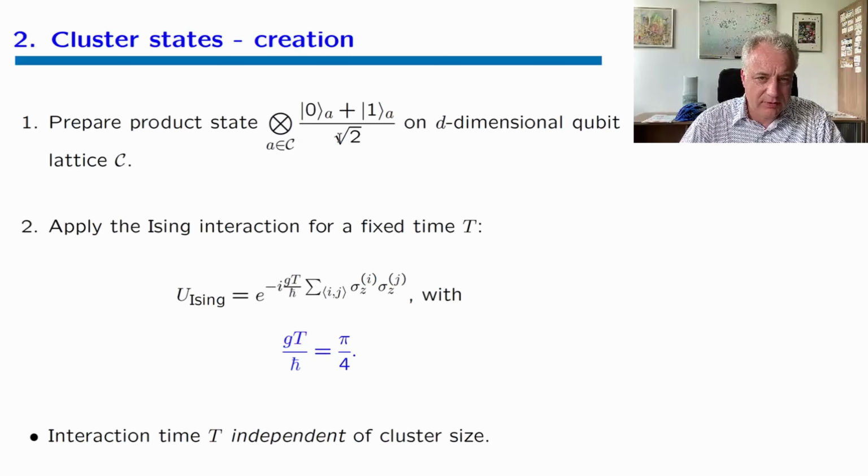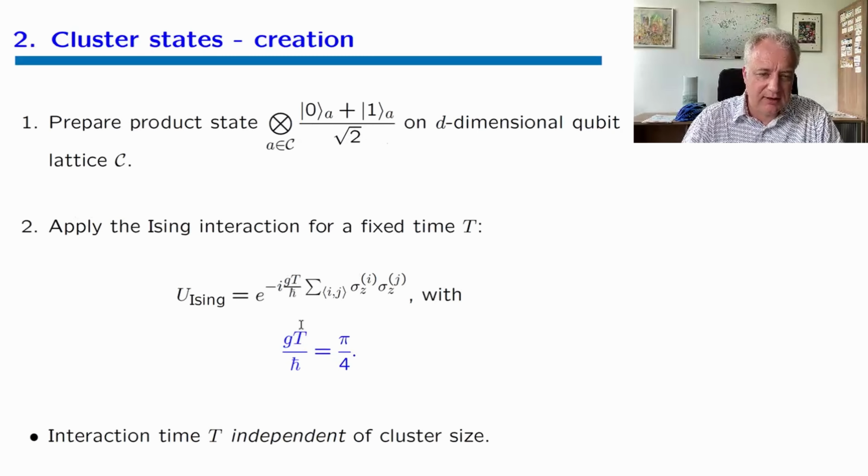Okay, and every one of these qubits is prepared in an eigenstate of x. So then we apply the Ising interaction. So that's that thing here. Nearest neighbor interaction, Ising type. We apply this for a fixed time. And this time t is independent of the dimension of the lattice or what kind of lattice it is.